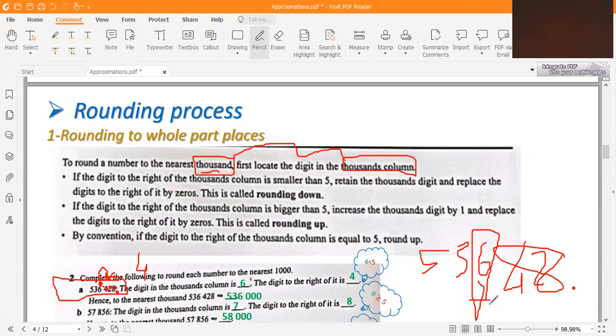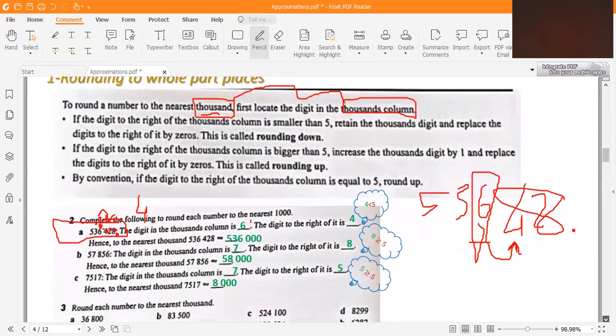We compare the digit which is directly on the right of this one. So 4, we compare it to 5. 4 is strictly smaller than 5, so we don't change this number, which is 6.